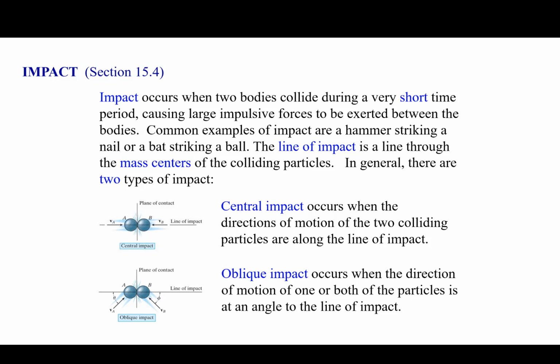That occurs when the direction of motion of one or both of the particles is at an angle to that line of impact. As we get more physical size, as we start to deal with physical problems, we have something we call glancing blows. I'm hitting off of the edge. I'm hitting that nail head such that I don't have those things lined up and I bend the nail.